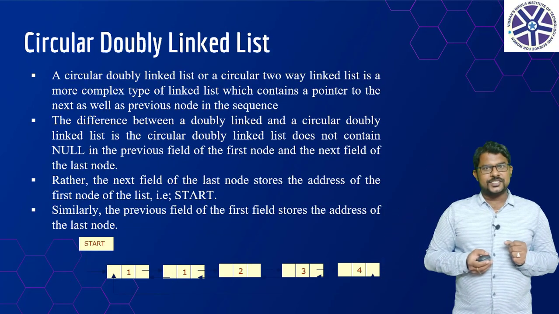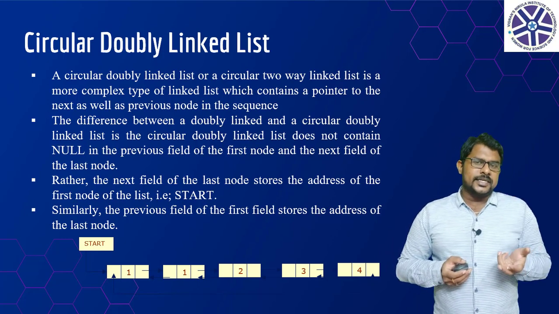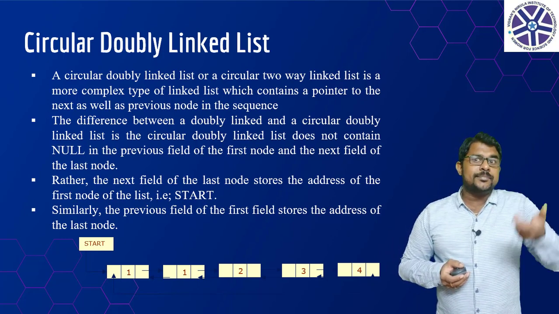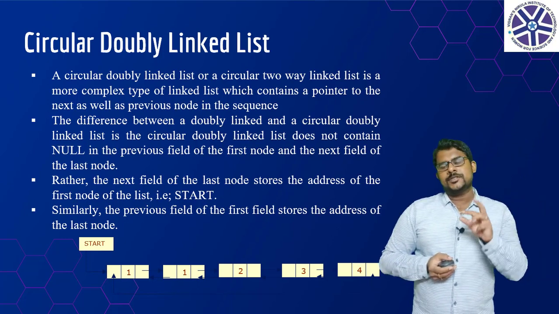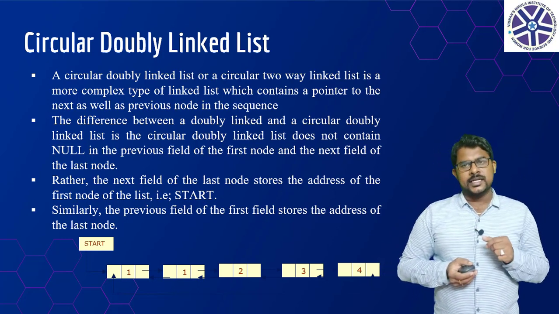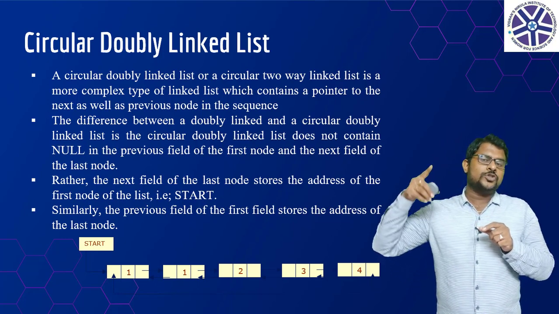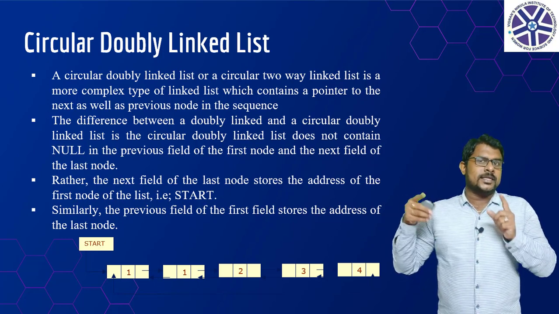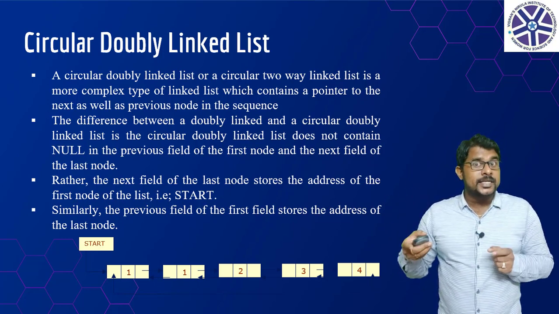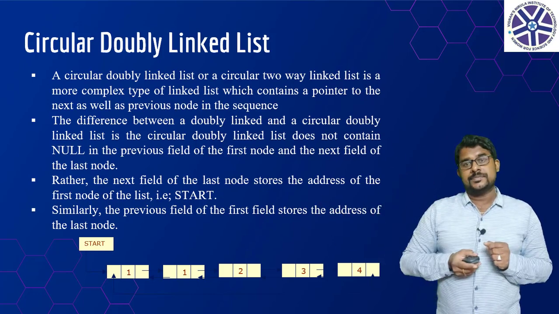Circular doubly linked list. Basically it is the circular linked list which is implemented using a doubly linked list. What are the changes between the doubly linked list and a circular doubly linked list? Let us observe. In a doubly linked list, the last node's next field is null, but in a circular doubly linked list, the last node's next field will be the first node.